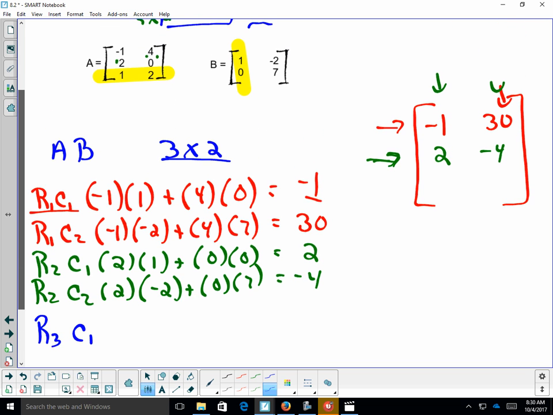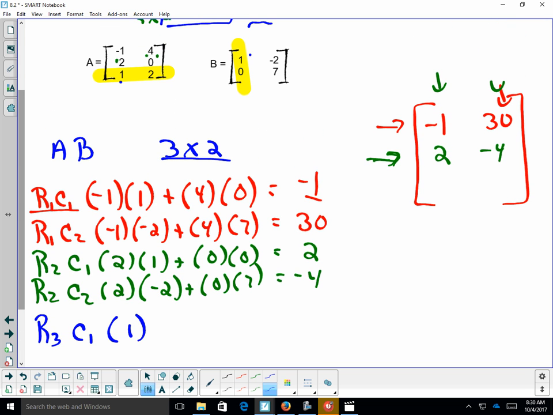So I'm going to take this +1 times this +1 plus this +2 times this 0. And I'm going to have 1 plus 0, and I'm going to get 1. This answer is going to go in row 3, column 1, and that's +1.